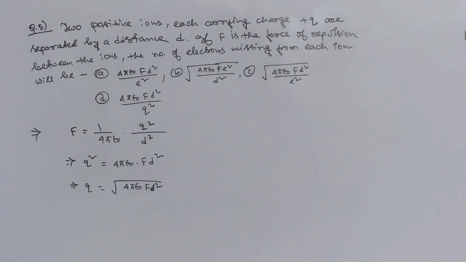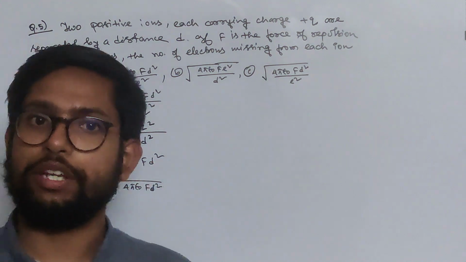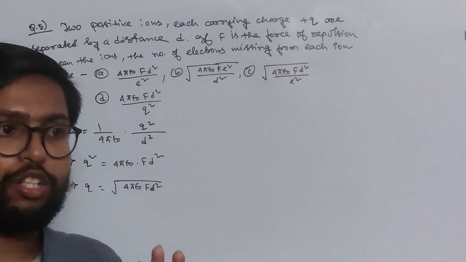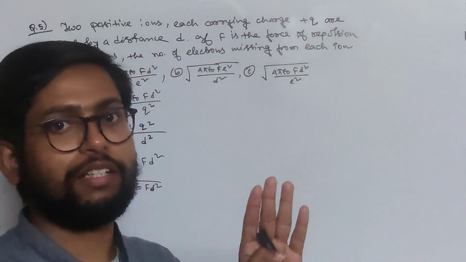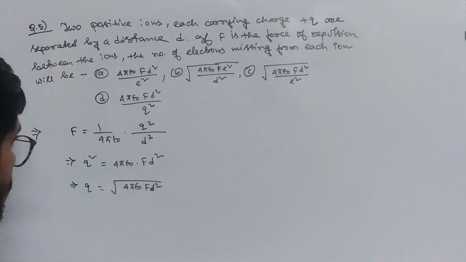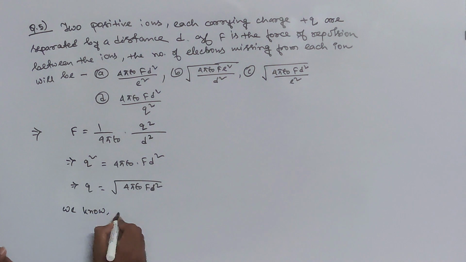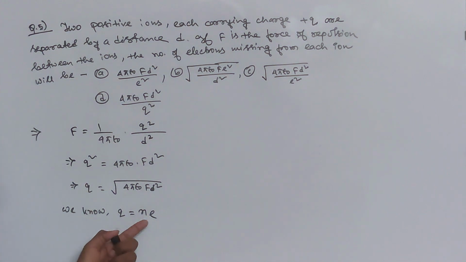Okay, but one thing you know, right, that charge is quantized in a body. That is, the charge should be an integer multiple of e, the charge of electron. So q should be equal to ne. I don't know how many electrons are missing, but let's say n number of electrons are missing.